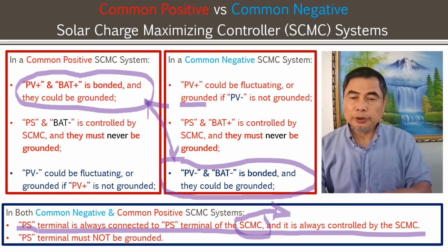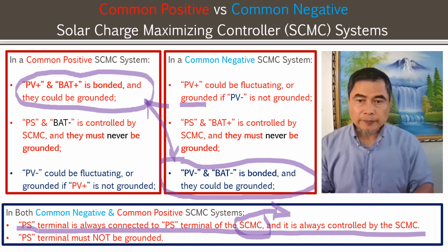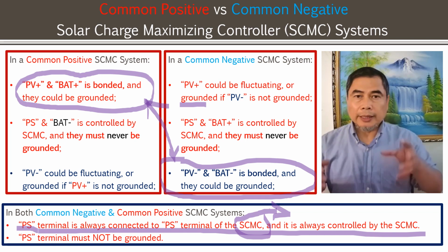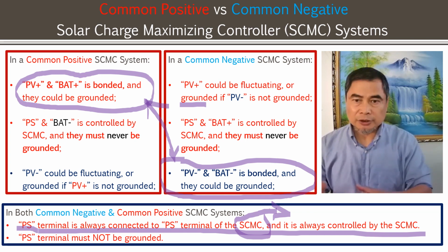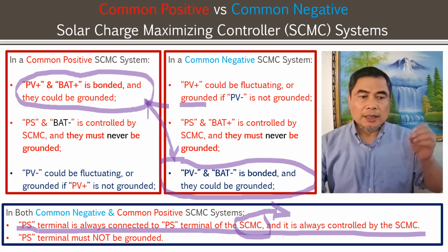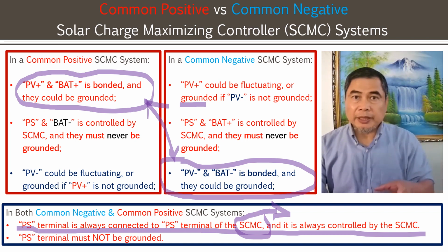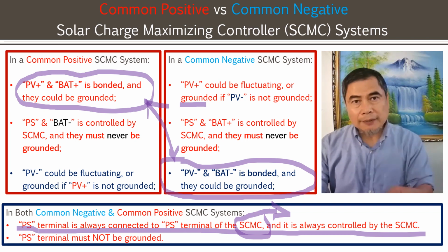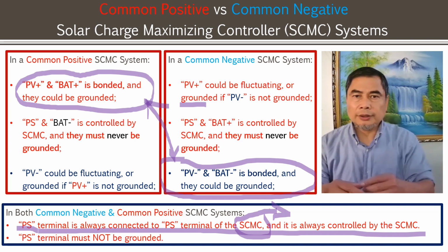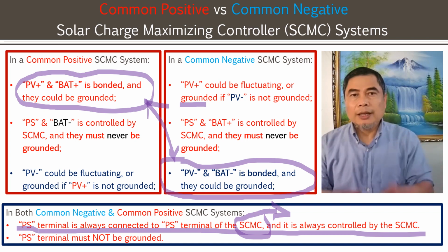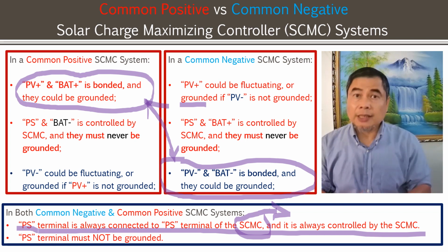So that terminal has to be left out, not bonded. It can never be grounded, because if you have it grounded, once the solid charge maximizing controller opens the circuit, you're losing the ground. So that is never going to be connected to the ground.